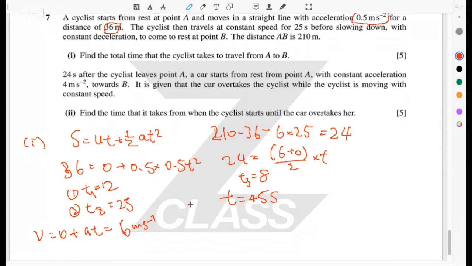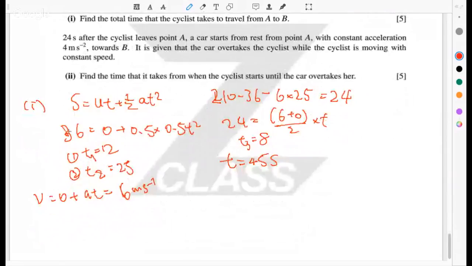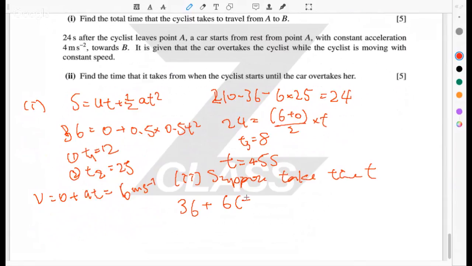Well, let's set up an equation. Let's suppose we take time t. So the distance traveled by the cyclist can be written as 36 plus 6 times t minus 12, because we're assuming that the cyclist is still traveling at constant speed when the car overtakes her.